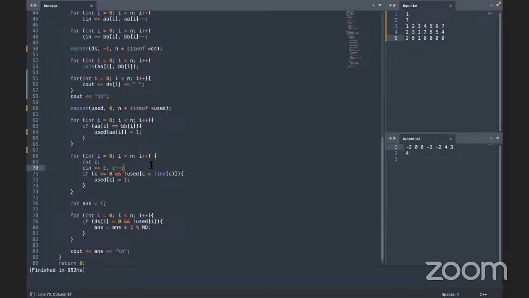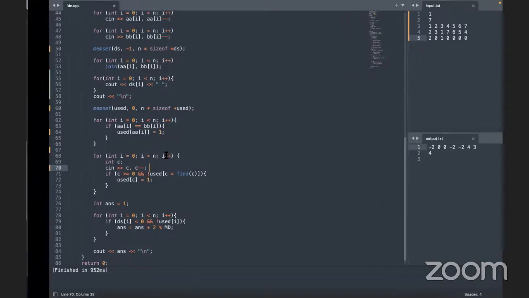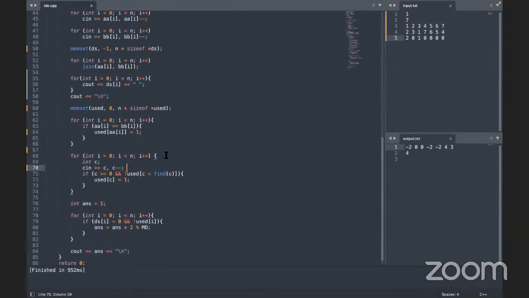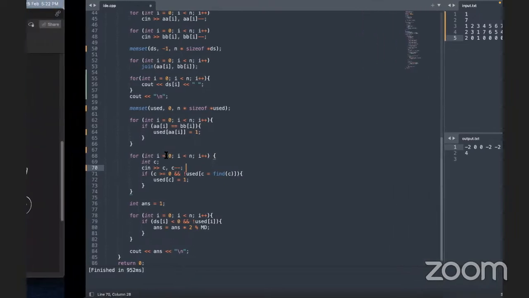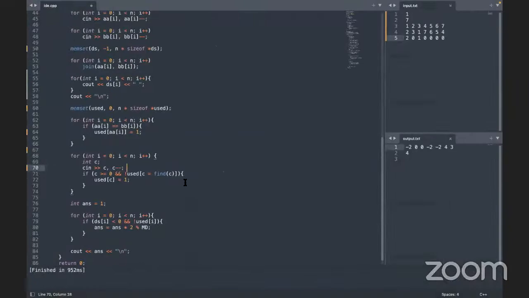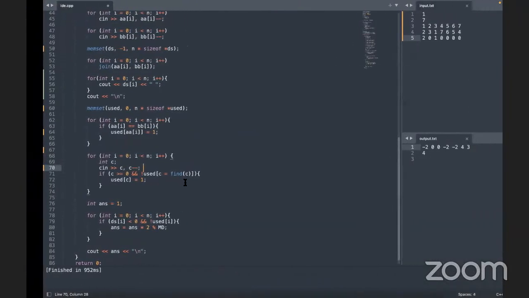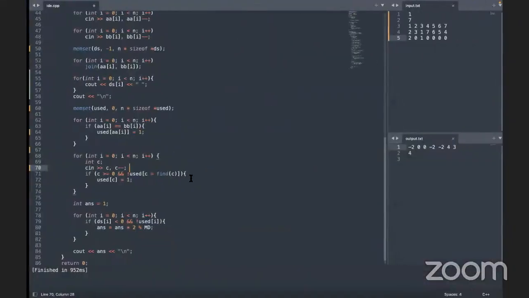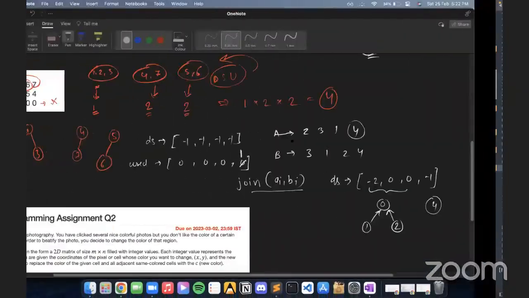But if it's already fixed, anything except 0, then we need to check. We'll just find C, basically we go to its parent, and we'll check if it's not already fixed. Basically, now let's see what it's going to do.